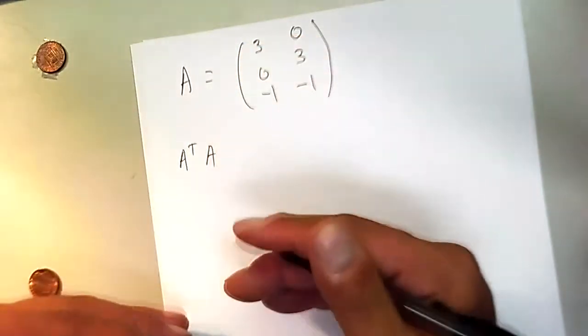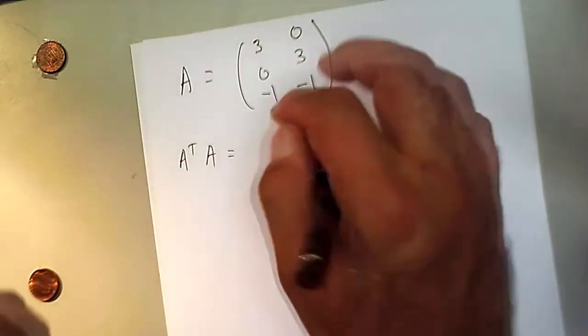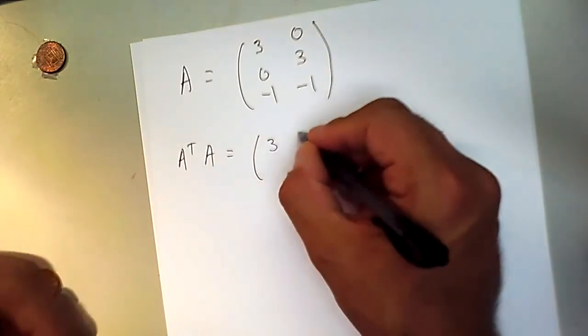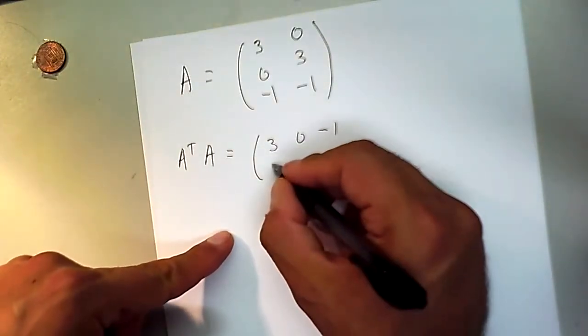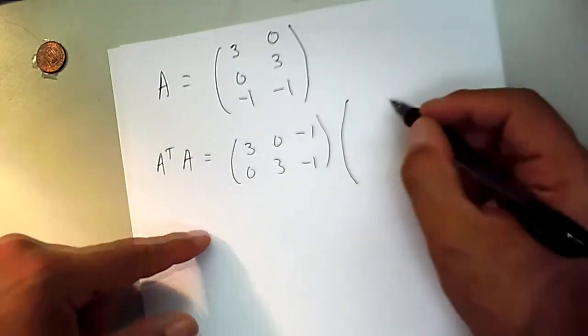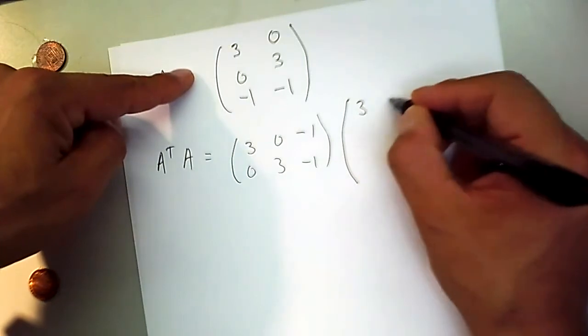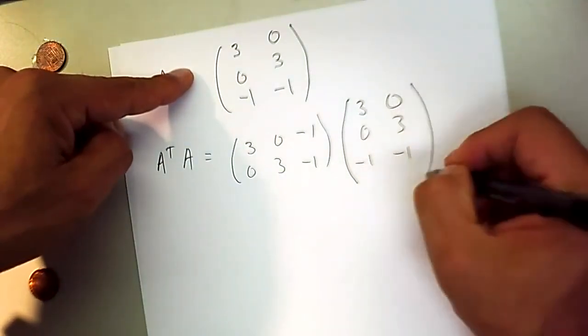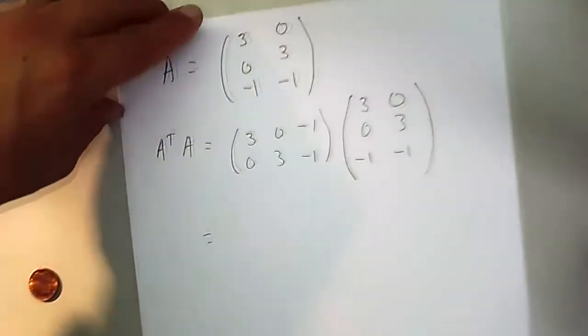I'm going to do this in steps. So A transpose is going to be 3, 0, -1 across 0, 3, -1. And then we're going to multiply with A itself, 3 across 0, 0, 3, -1, -1. Okay, so let's see what we get.